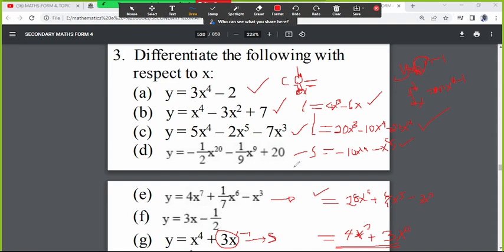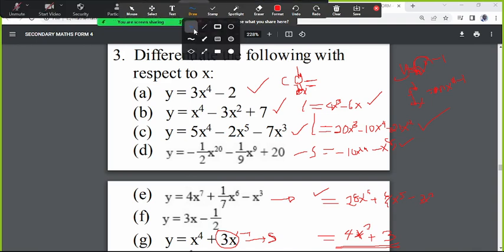Anything raised to the power of 0 is 1. So it's like 3 times 1, so we remain with 3. Just obey the process and it will lead you somewhere. Back to Christine. 12x power 3, and differentiating a constant becomes 0. That's how we differentiate a polynomial.